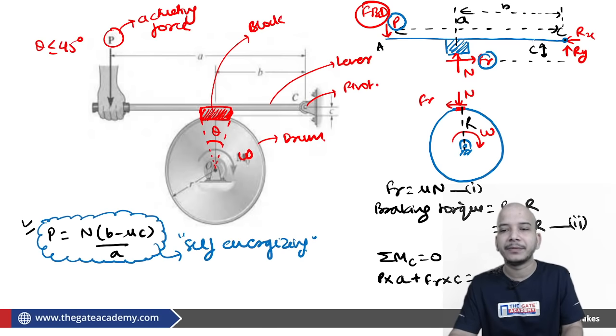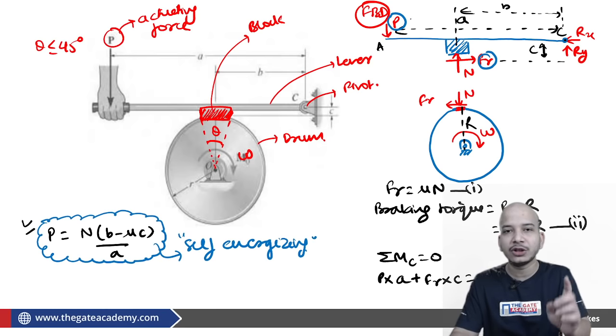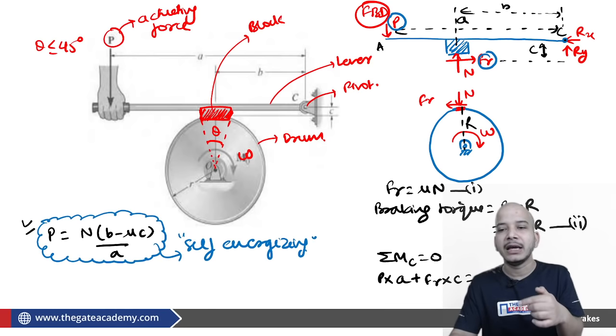I am not talking about the drum. Okay, everything I am defining with the help of the FBD of the block lever arrangement itself. Okay, so here the direction of torque because of friction and P, here also the friction is causing the anti-clockwise torque, P is also causing the anti-clockwise torque.